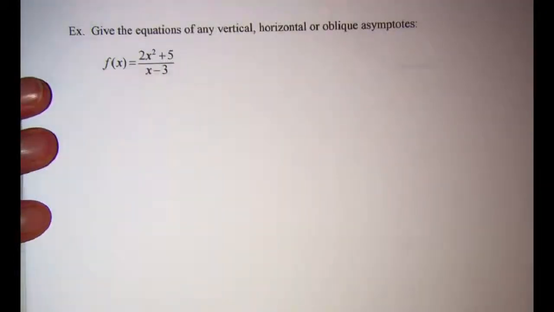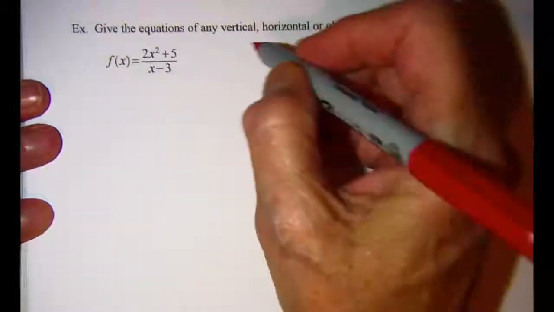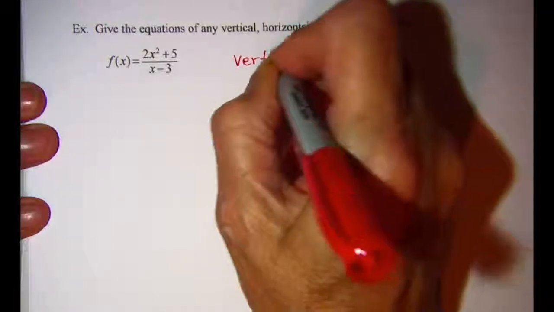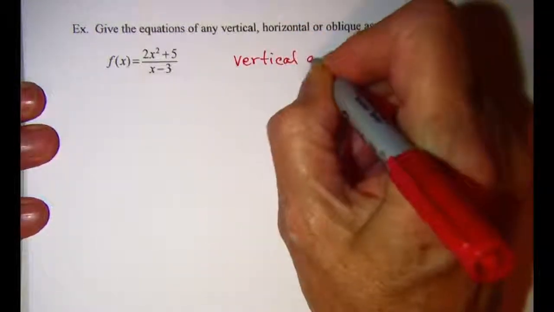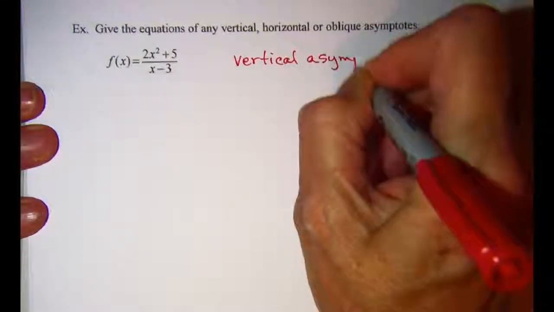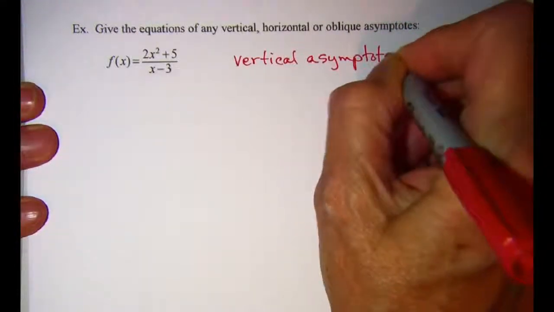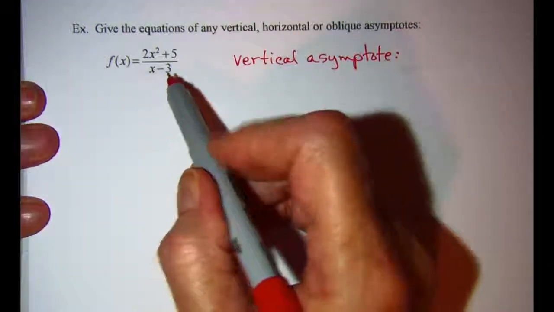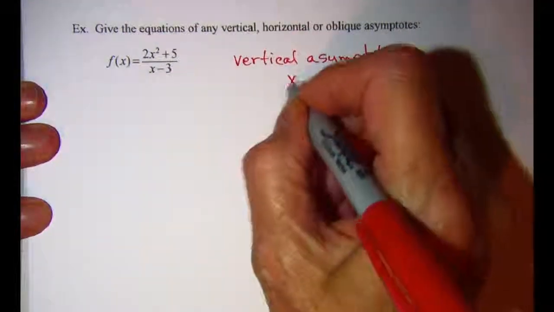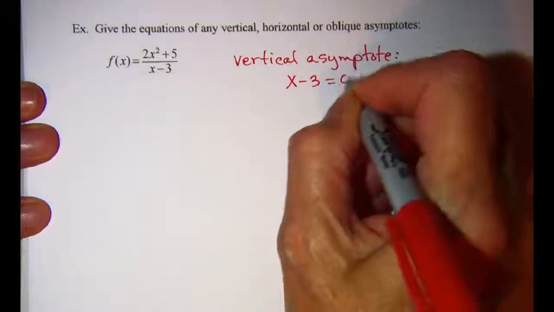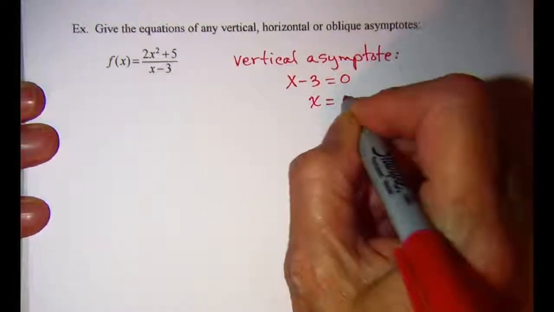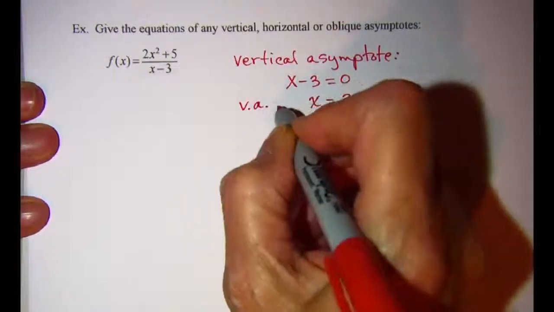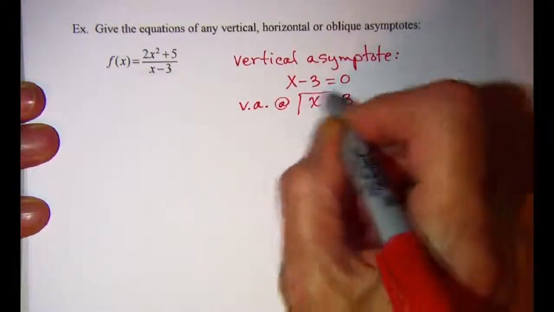In this example, let's find our vertical asymptotes first. We find that whenever the denominator is equal to 0, so x minus 3 is equal to 0 when x is equal to a positive 3. So we have a vertical asymptote at x equals 3.